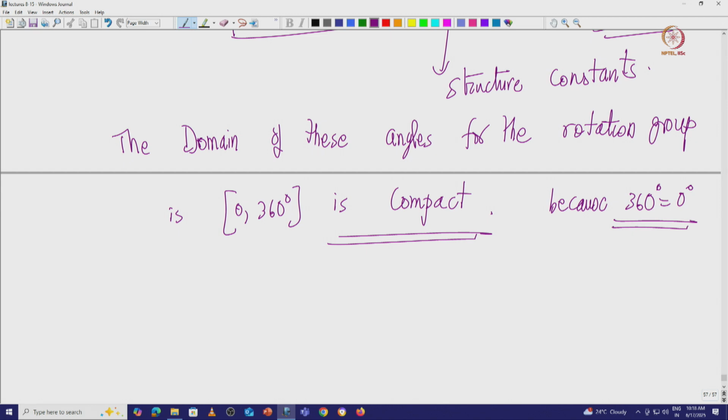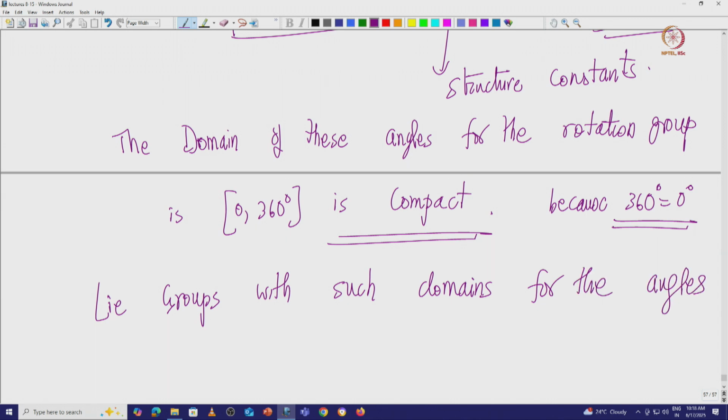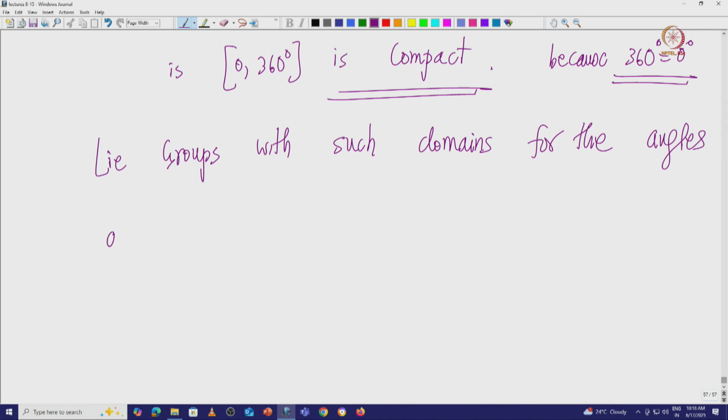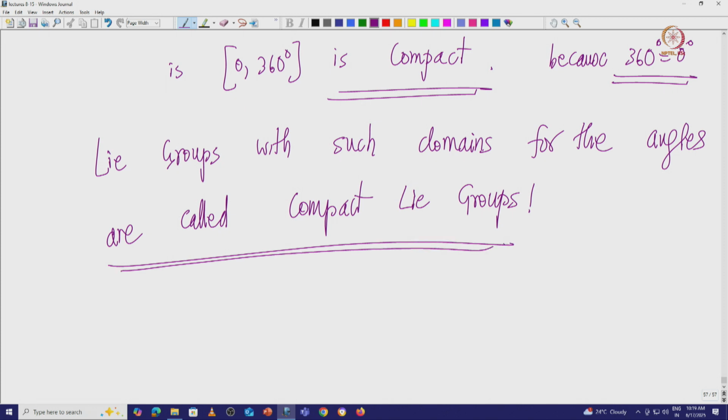Groups with such domains for the angles are called compact Lie groups.